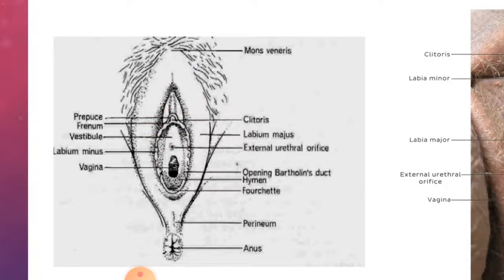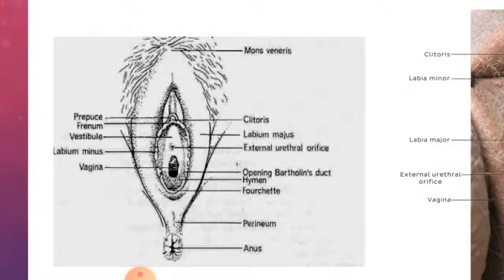Anteriorly, as you can see, this fold is joining in front of the symphysis pubis, and you know that the symphysis pubis is basically a joint between the two pubic bones, and on its posterior surface, you can see that it is merging with the skin of the perineum.